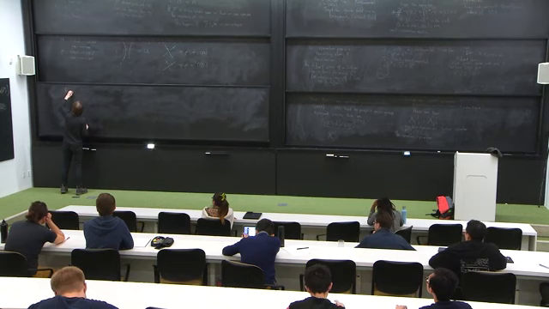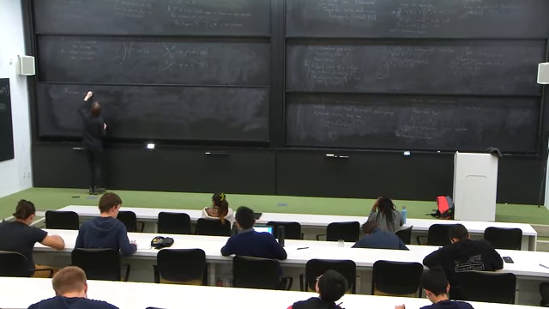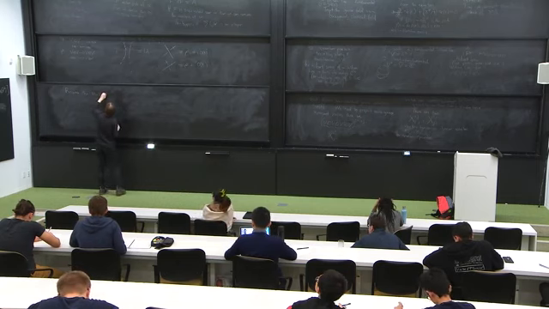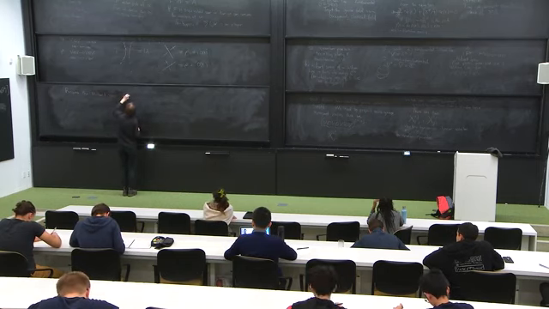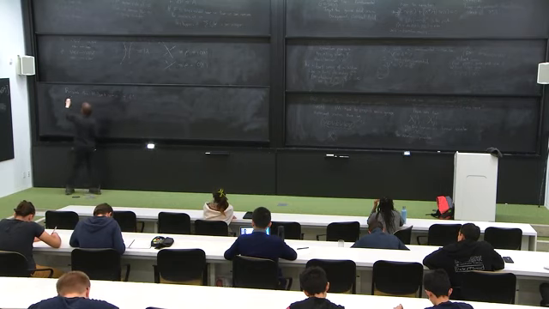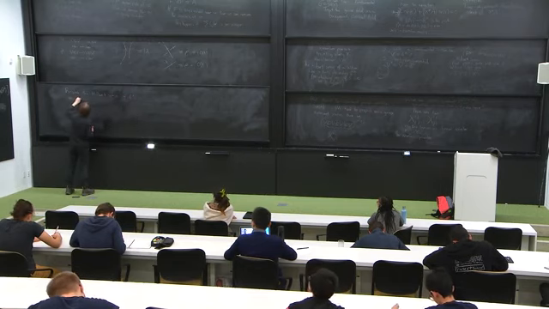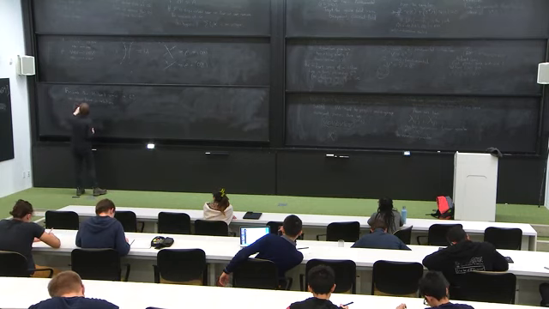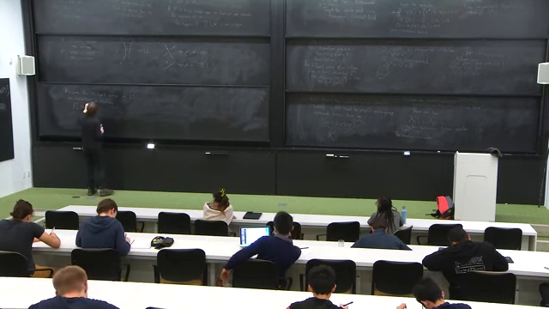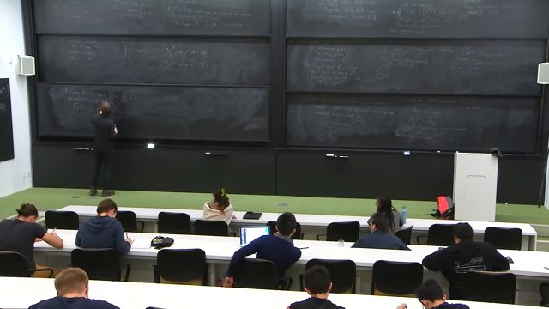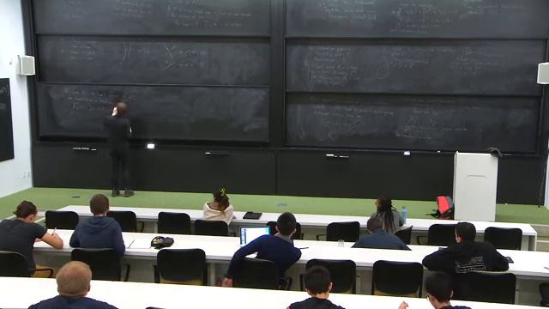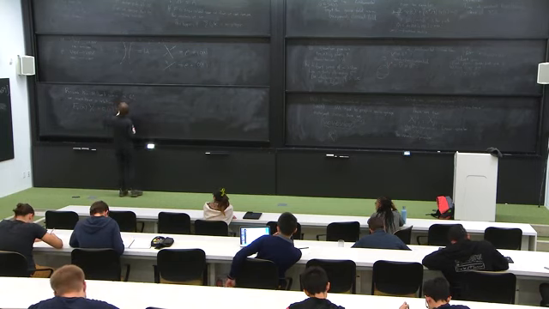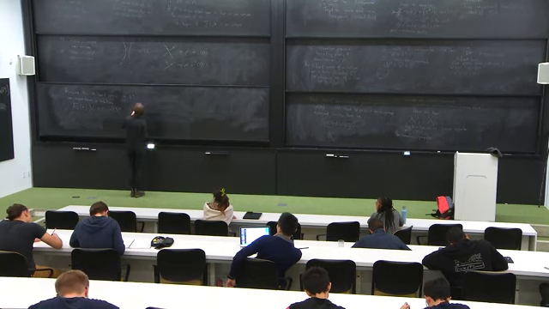Because the Hilbert space is two-dimensional, we must have a relation like F plus h bar plus F minus h bar plus F0 h bar is equal to 0.